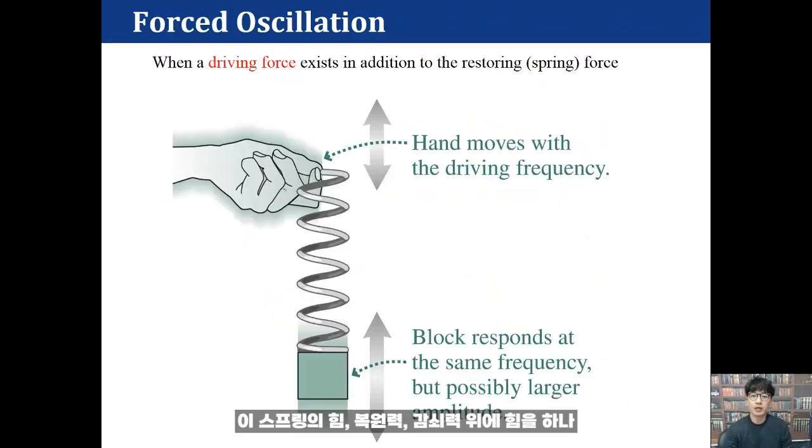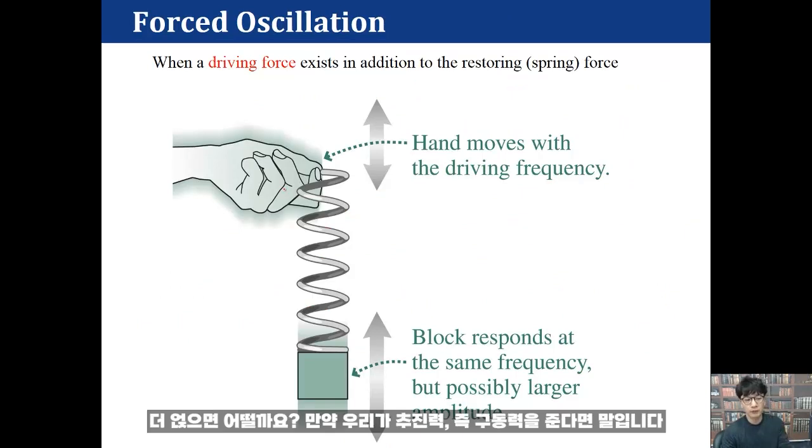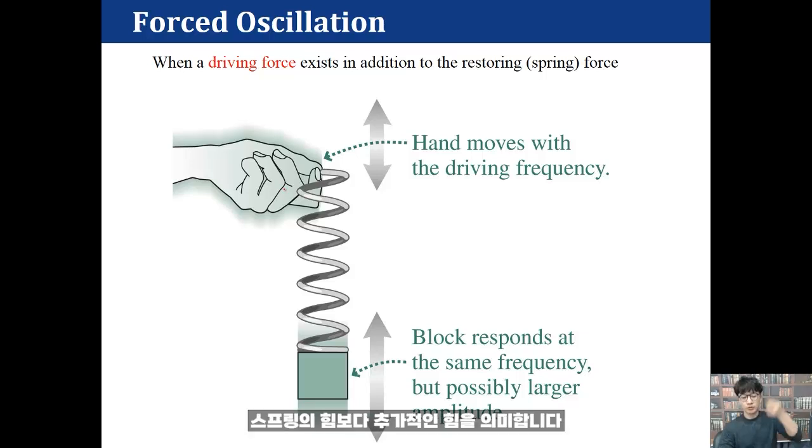What if we consider one more force on top of the spring restoring force and the damping force? If we give some driving force, driving means an additional force beyond the spring force.